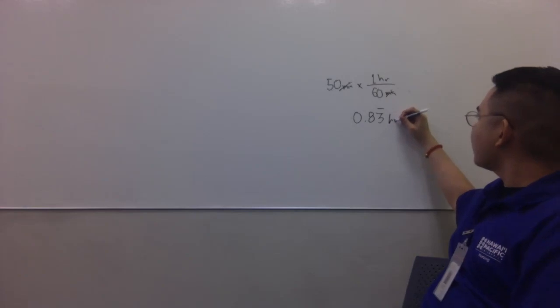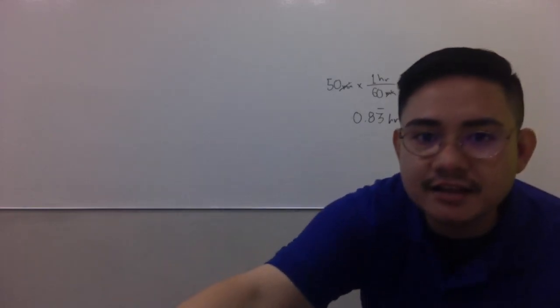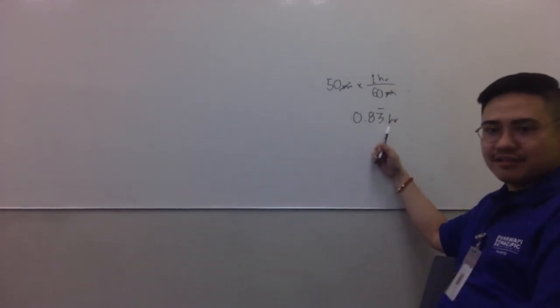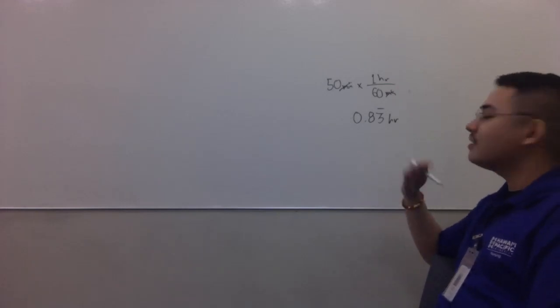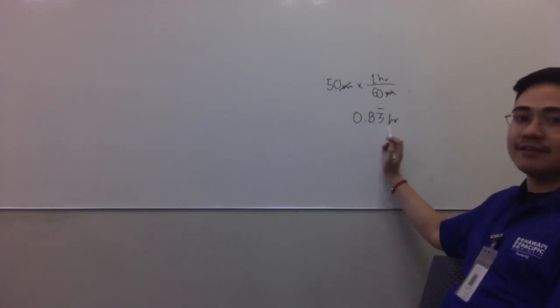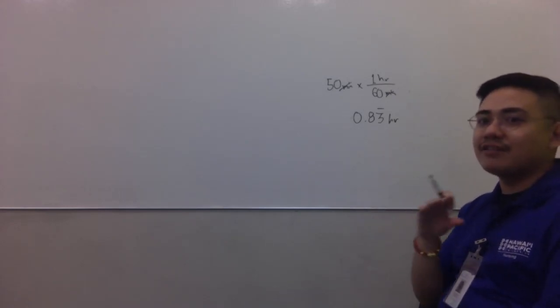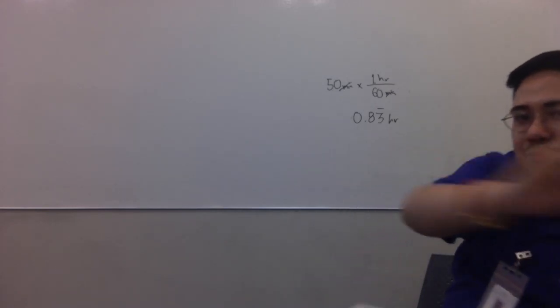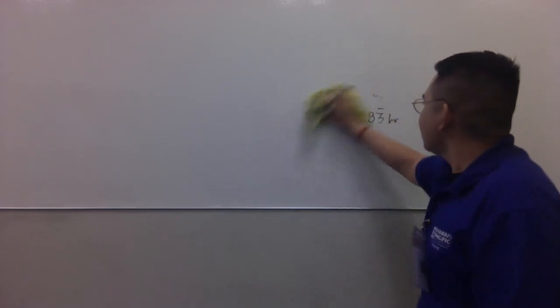You're going to be stuck with a repeating decimal, and this is what's going to ruin the solve. We cannot round, so everything gets jumbled up. So just keep it simple and use the minutes instead of the hours.